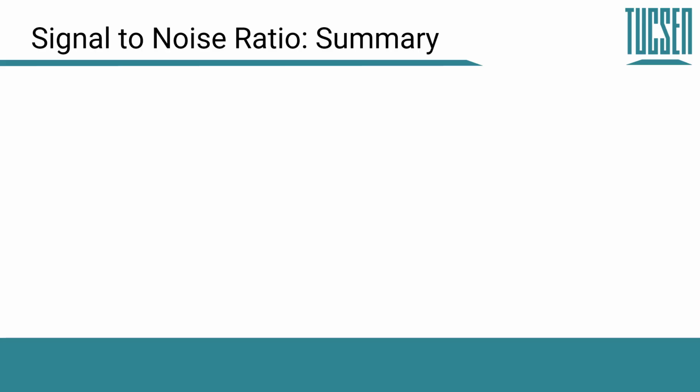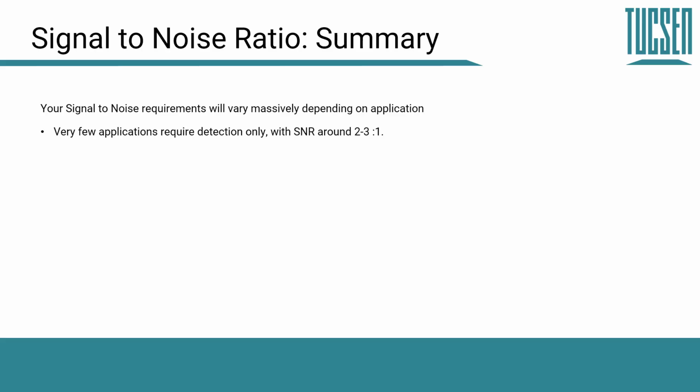To summarize and give some examples for signal-to-noise ratio, once again, your signal-to-noise ratio requirements will vary massively depending on the application and depending on the scientific questions you're attempting to answer with your images. Very few applications only require detection with a signal-to-noise ratio of 2 to 3 to 1.